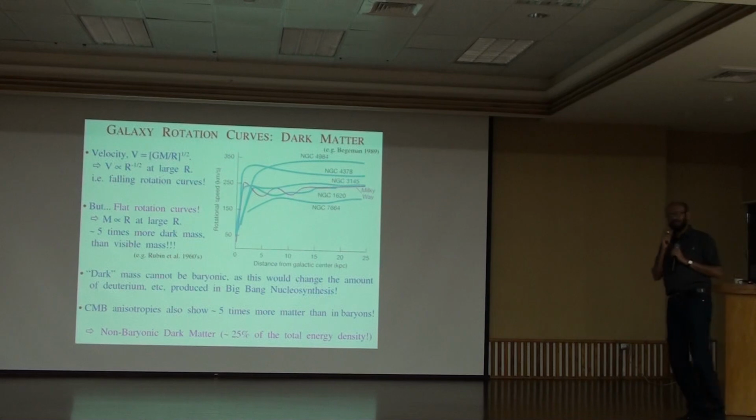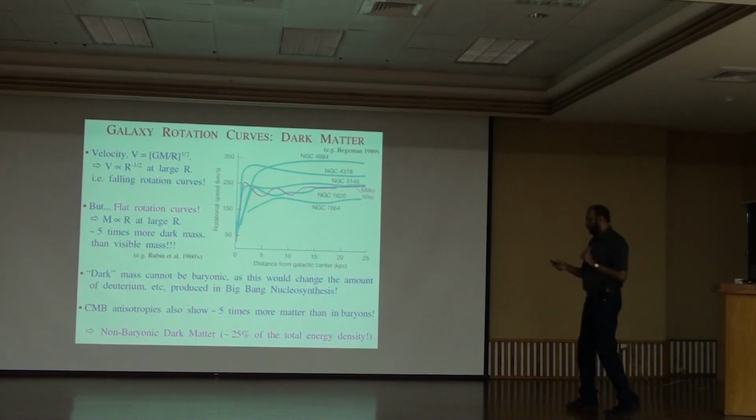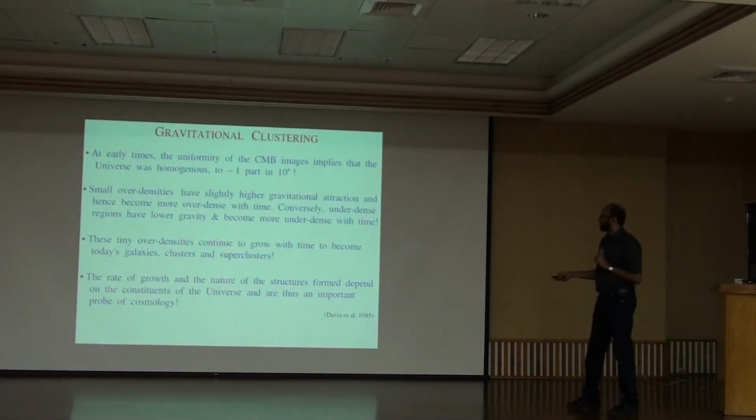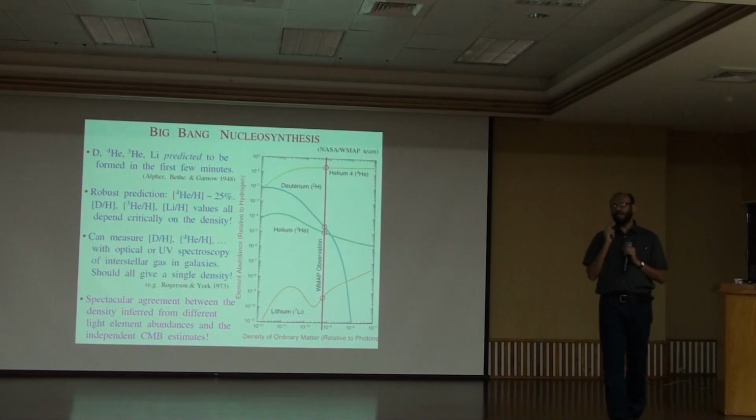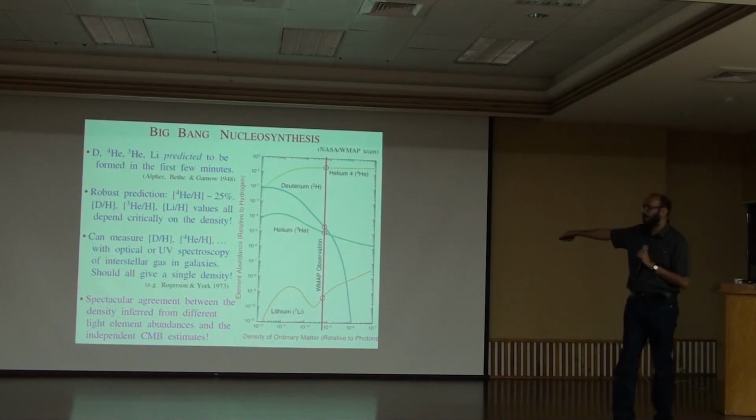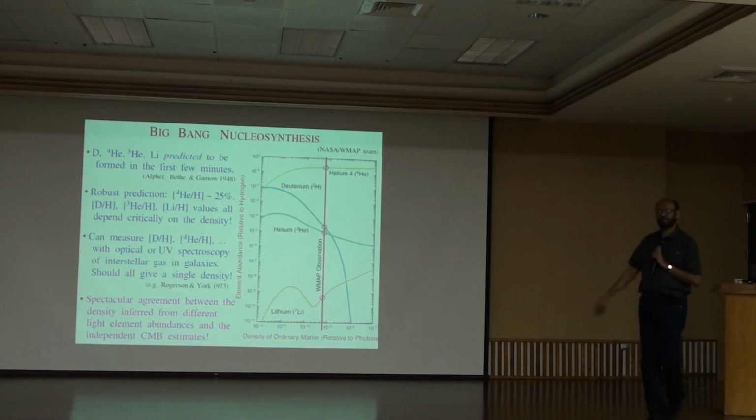The problem is that, remember I told you a long time ago, Big Bang nucleosynthesis constrains the baryonic density. Jupiter is made of baryons. I have a strong constraint on the baryonic density from these abundances.